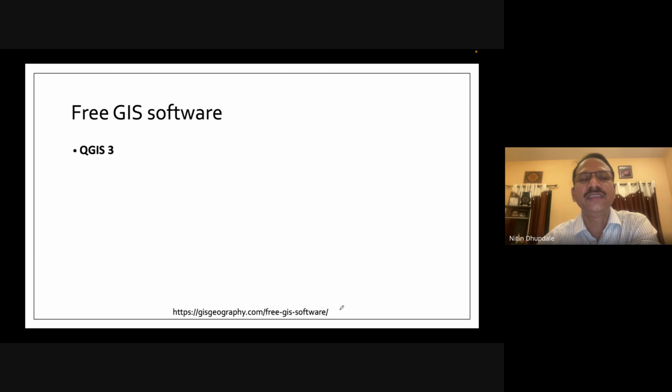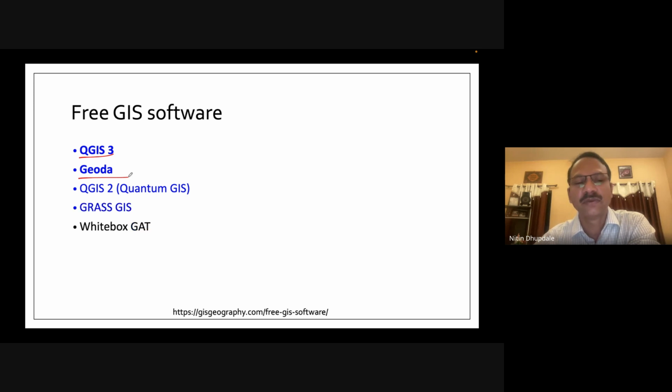Then there is some free GIS software like QGIS and GeoDa. These are freely available, open source, and this is an older version of QGIS. There is GRASS GIS, which was developed by the CDC in the USA, which is also free, and these others are free, but I have never used them. I have seen GRASS and I have seen QGIS.